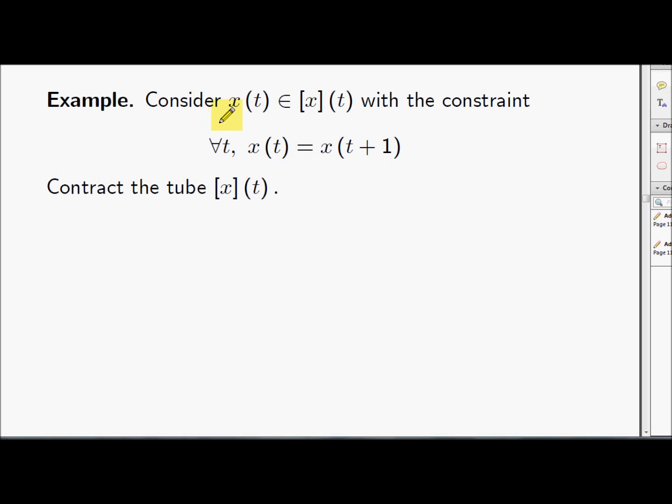I have a trajectory x, and I know that it belongs to a tube, but I also know that x is periodic with a period equal to 1. So I can write the following constraint: x of t is equal to x of t plus 1. What I want now is to contract the tube.